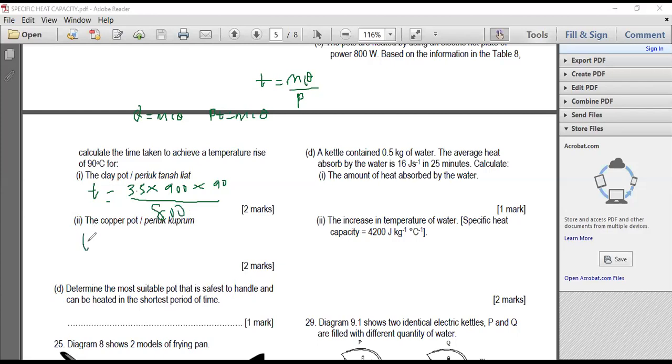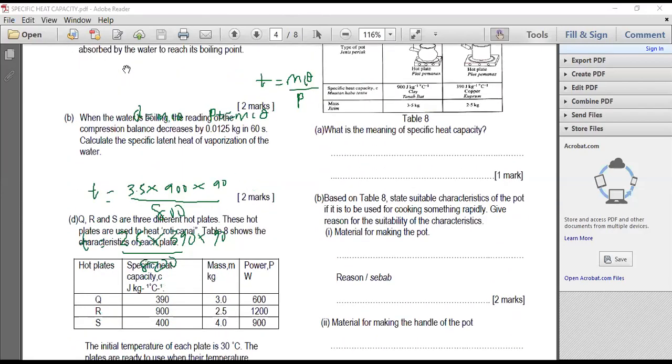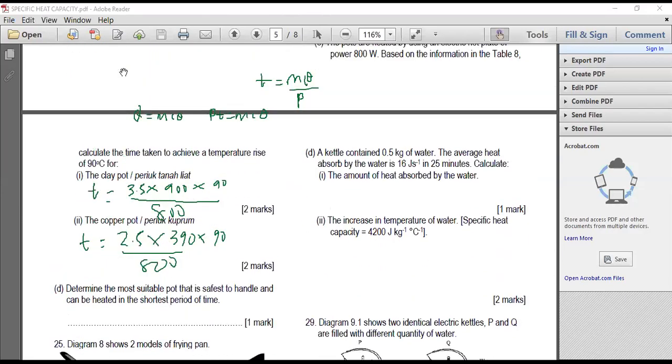Okay, for the copper, 2.5 times 390 times 90 over 800. So find the answer. 3.5 times 900 times 90 divided by 800.